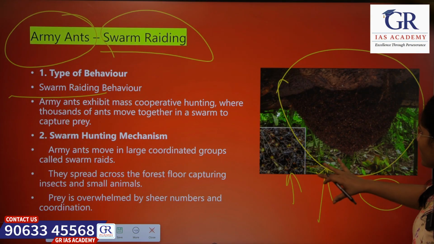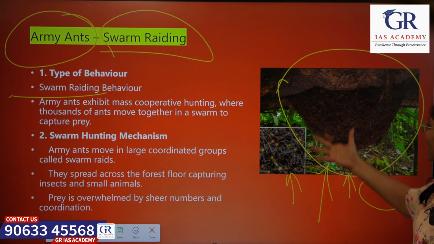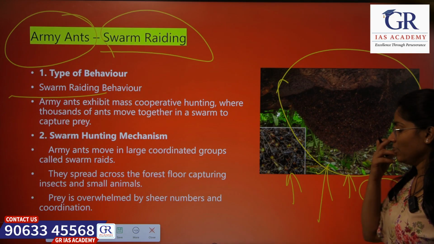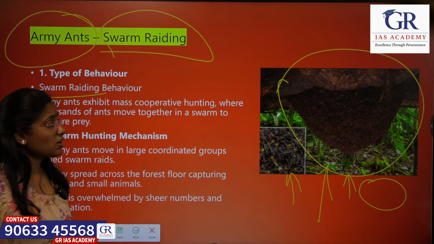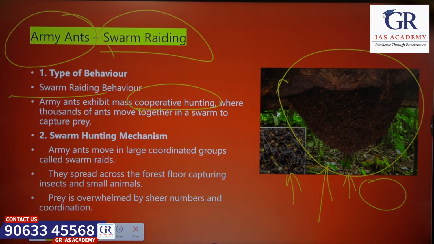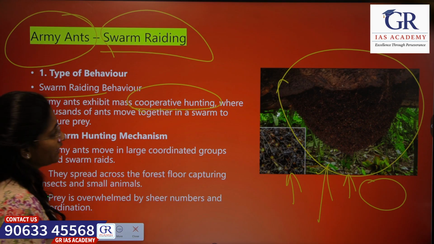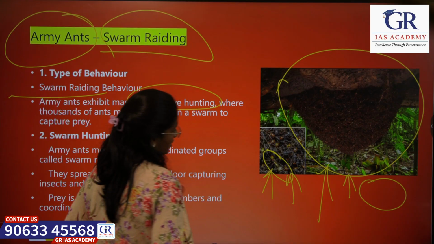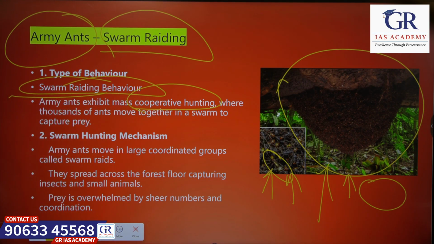When they are enclosed like this, they get overwhelmed. Whatever the prey is, it gets overwhelmed by this many army ants, and then it becomes prey for the army ants. Because of this cooperative hunting of army ants, so many insects and other small animals can be killed by these small insects. This is called swarm riding behavior of army ants.